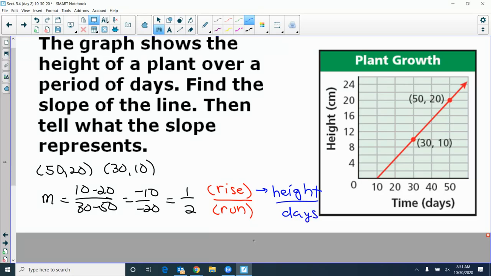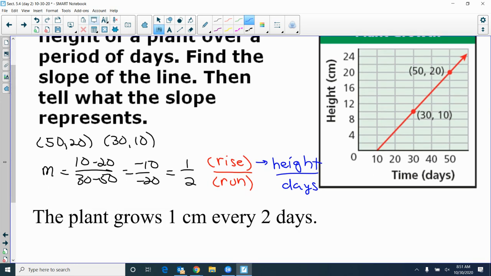Any ideas? Zach? A plant grows 1 centimeter every 2 days. Okay, good. The plant grows 1 centimeter every 2 days.